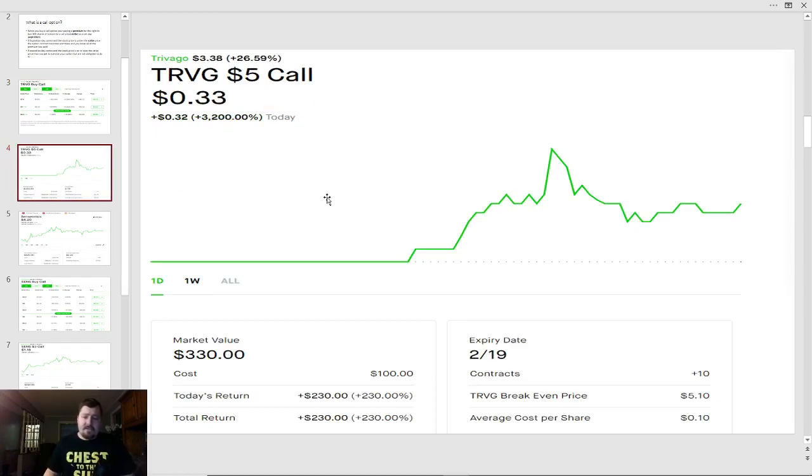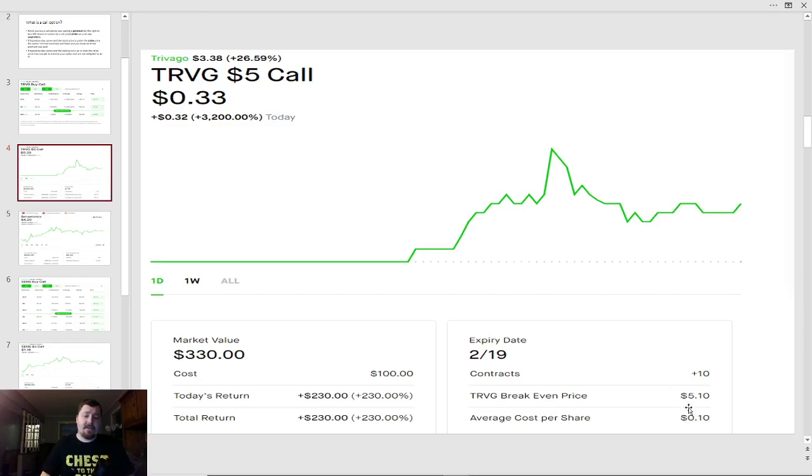So to show an example, when I bought these were at $8 to $10 each. So I got 10 of them for $10 each, right? Since Trivago's price ran up a lot, these contracts go up as well because the likelihood of it hitting $5 by expiration day went up, so the contracts go up.